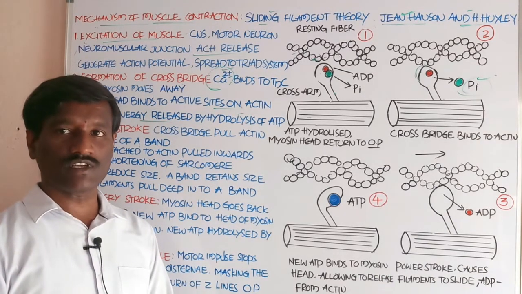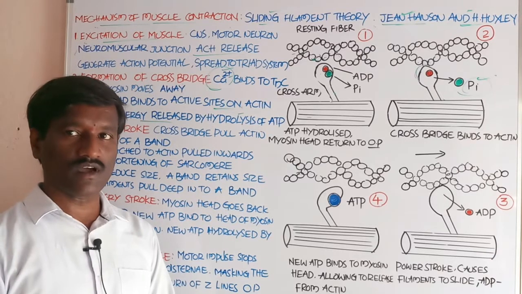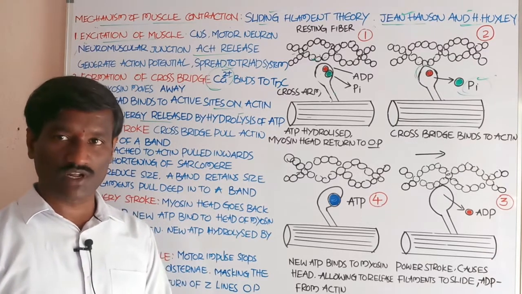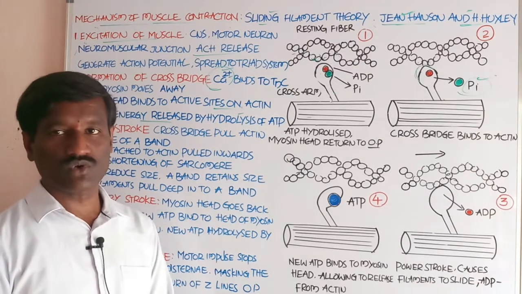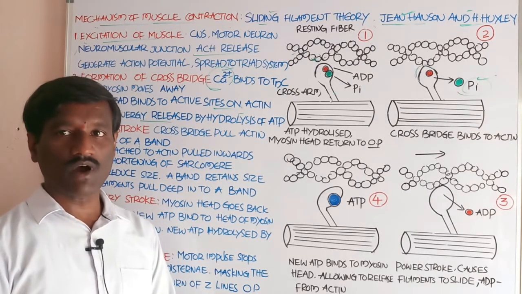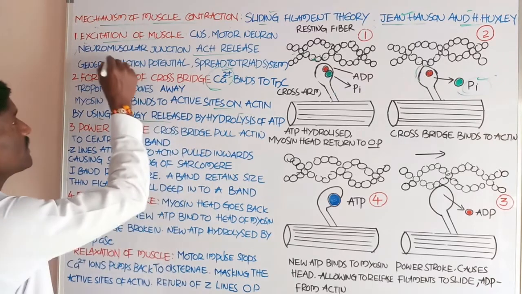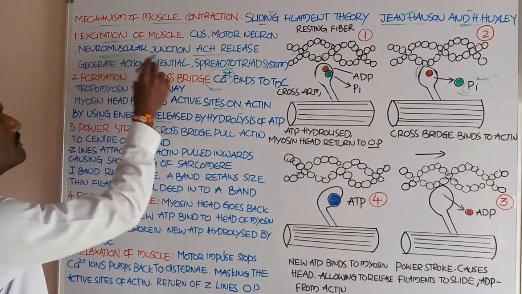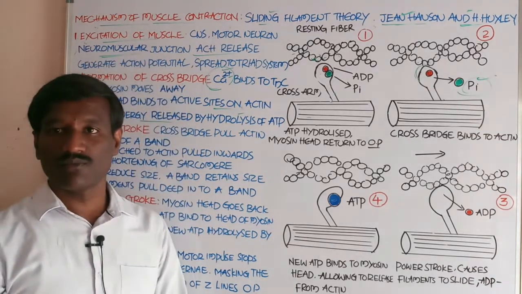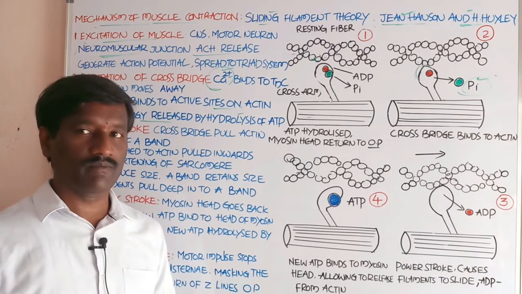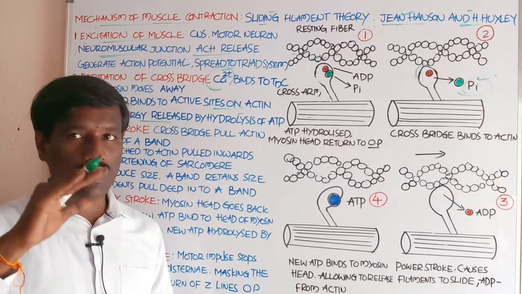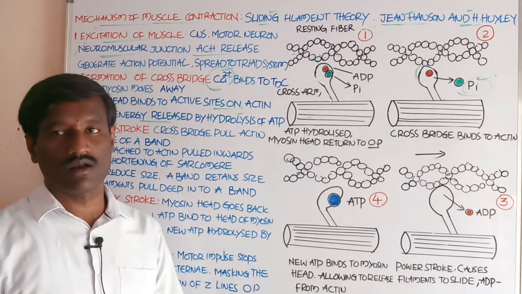The central nervous system sends a motor signal to the neuromuscular junction through the motor neuron. What about the neuromuscular junction? This is the junction between the sarcolemma of the muscle fiber and the motor neuron.